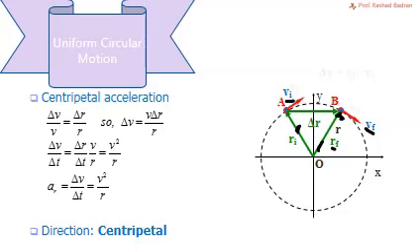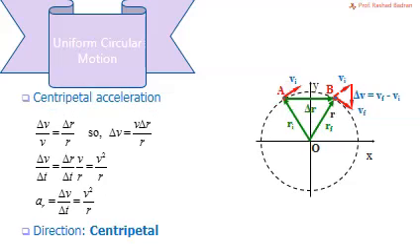And if you divide both sides by delta t, the left hand side, delta v over delta t, is nothing more than the acceleration a sub r, while delta r over delta t is nothing more than the magnitude of the speed. So in this case we have v squared over r, and the acceleration has this sign.